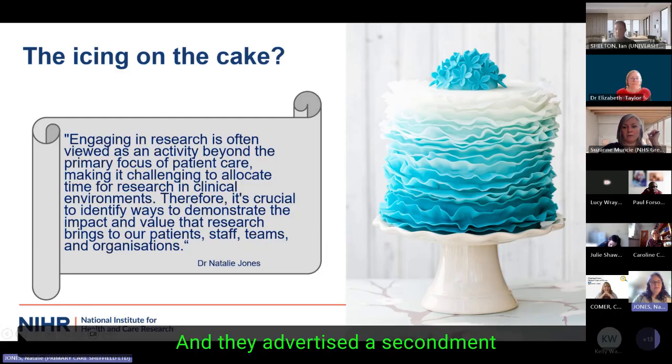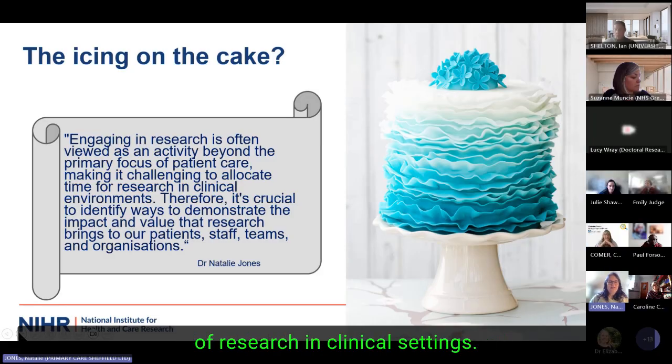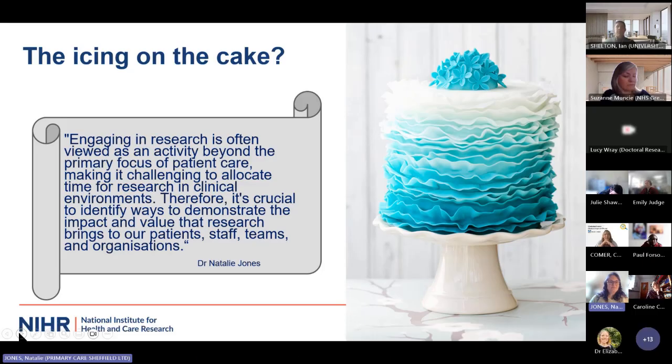And they advertised a secondment for someone to come and work on developing a research impact tool which could draw out the impacts of research in clinical settings. And I was lucky enough with a colleague, Judith Halliday, who is R&D manager at Mid Yorks Trust, to get the opportunity to work on developing this tool over a year.